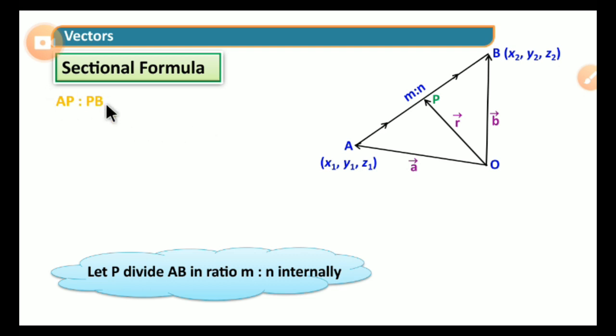Now let us consider AP:PB equal to m:n, because point P divides the line in the ratio m:n, so AP is m and PB is n. Now this ratio can be written as AP divided by PB is equal to m by n.